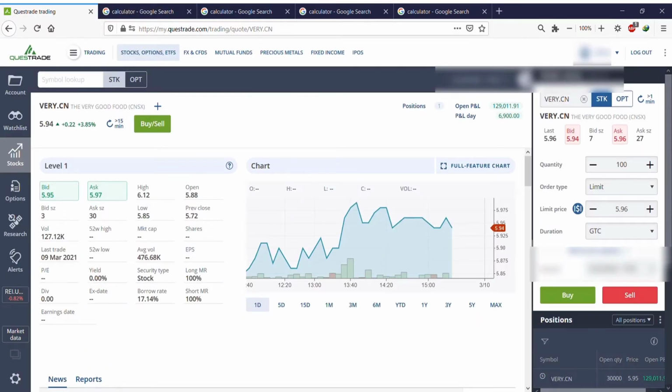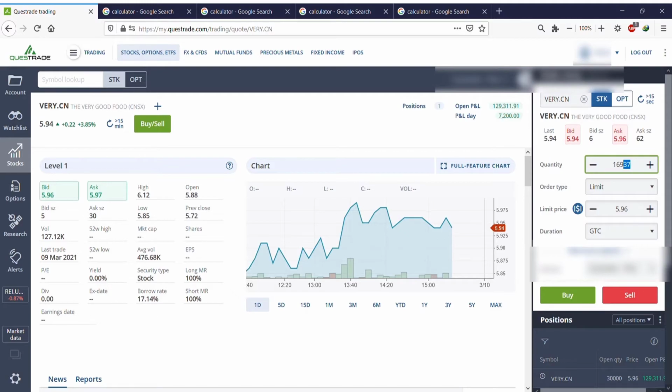And go to Questrade, and once again click on refresh. So hopefully the price didn't change that much, and paste it here. But I'm not going to click on buy. Why? Because as I said, this is the lot of your order. The quantity shows the lot of your order, and it should be a multiple of 100. So what I'm going to do is to see the last two digits. It's 37.